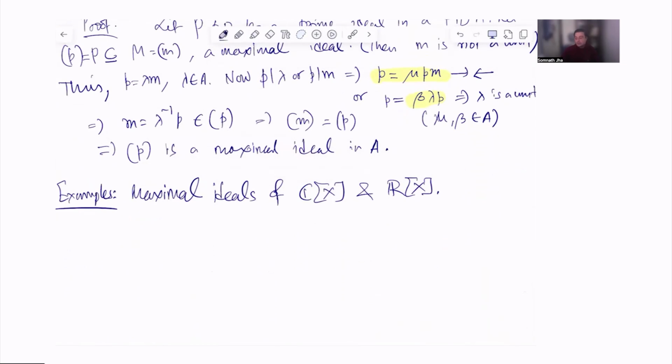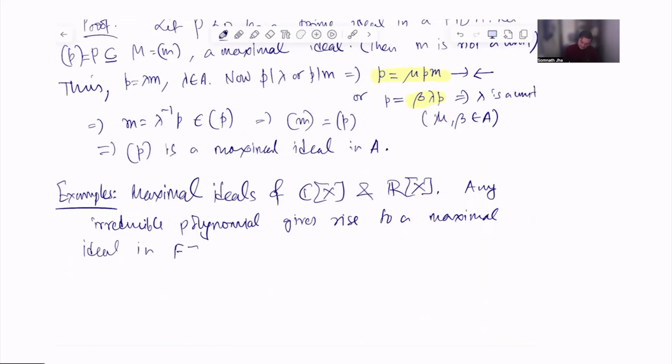So we have seen that any irreducible polynomial gives rise to a maximal ideal in F[x] for any field F, including F equal to R or C.